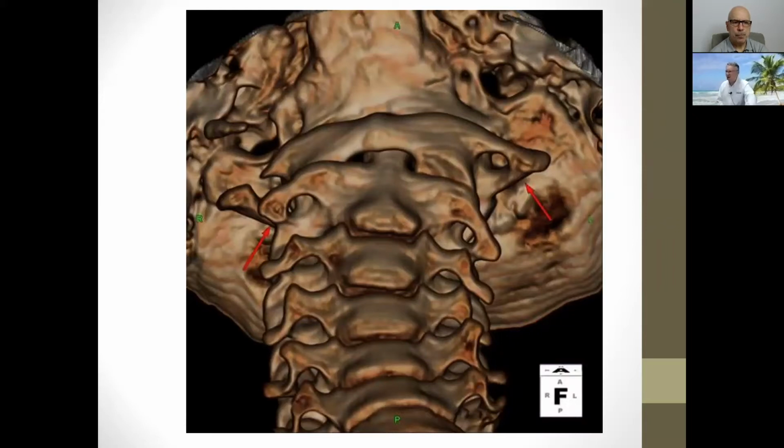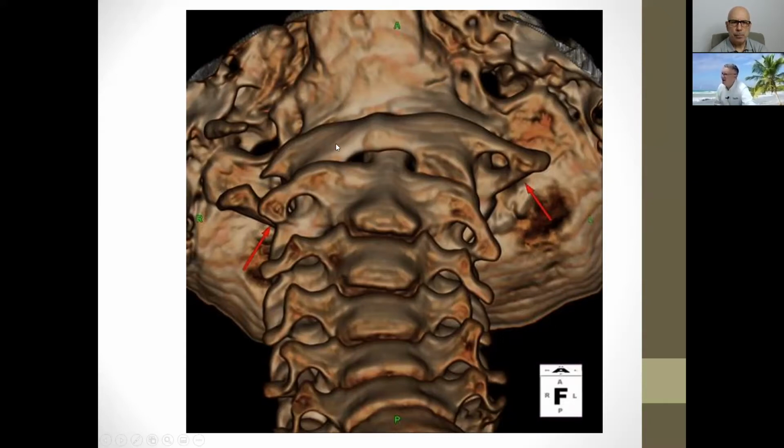This is a cone beam CT scan, and it uses very little radiation. It involves three-dimensional imaging as one of the options. Lots of really neat things you can do in image reconstruction. But what I'd like our audience to see is just take a look at the atlas, at the arrow here.